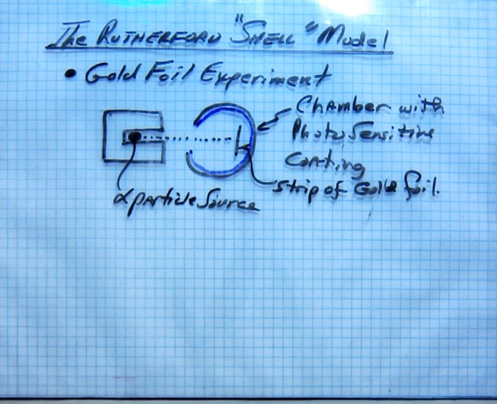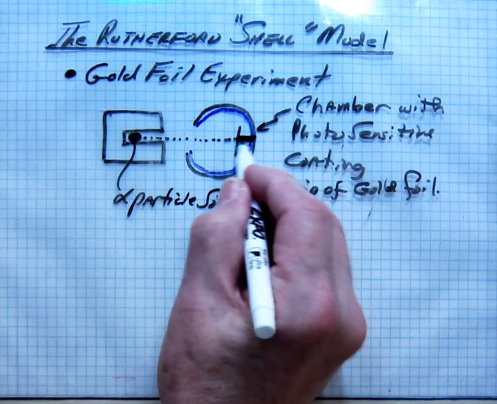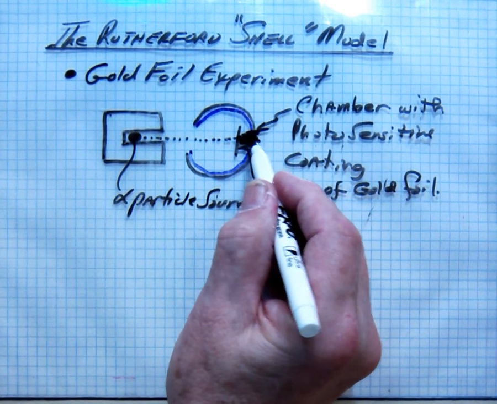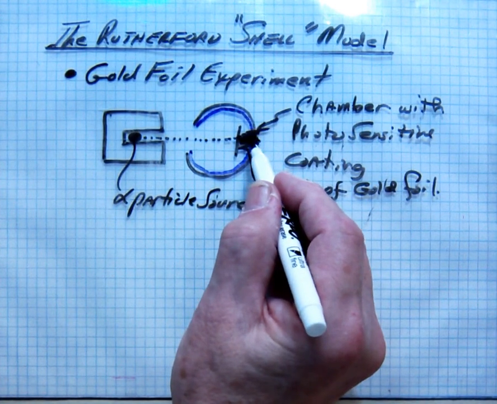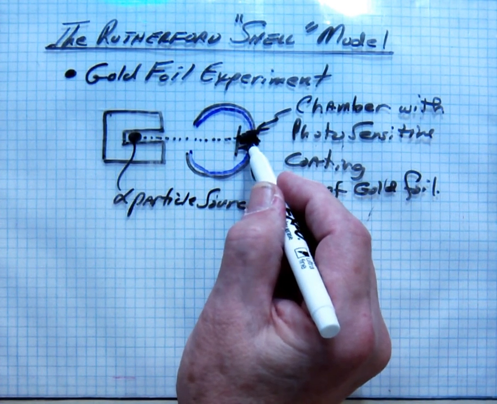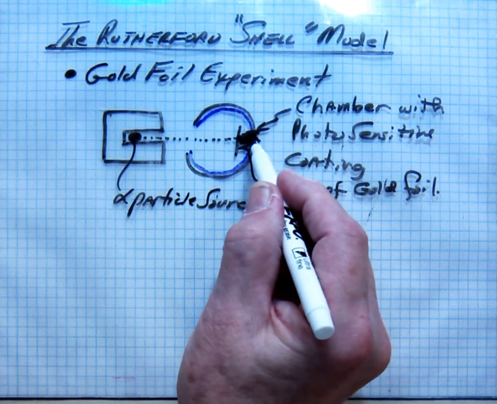What were his observations from that? Well, he observed most of the particles went straight through, and the furthest point of the photosensitive coating, straight through the gold foil, was mostly exposed. The highest number of particles went right in through without touching anything.